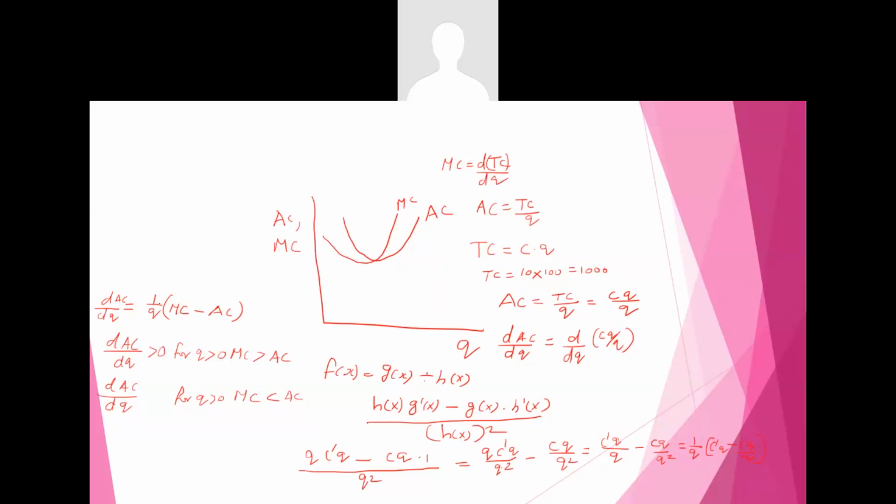On the other hand, what happens to dAC by dQ for values of Q greater than 0 if MC is less than AC? Then this entire term will go negative, so it becomes less than 0.